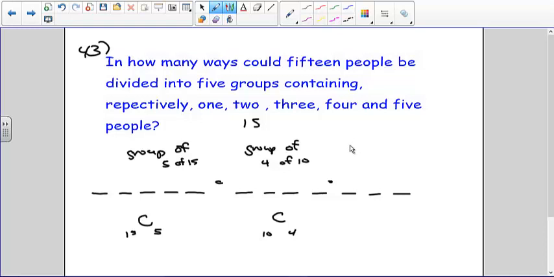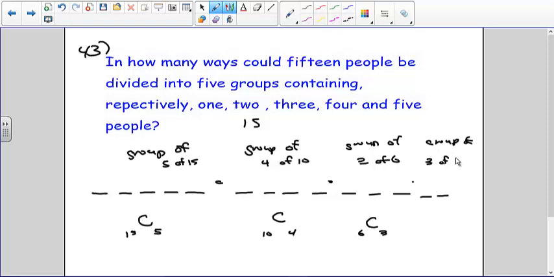So the next one is you want to choose a group of 3 of 6, because again, once I've picked 4 here, there's only going to be 6 left. Then I'm going to pick 2. So this is 6 things taken 3 at a time. And then you're going to have a group of, how many do we have left now? 3.